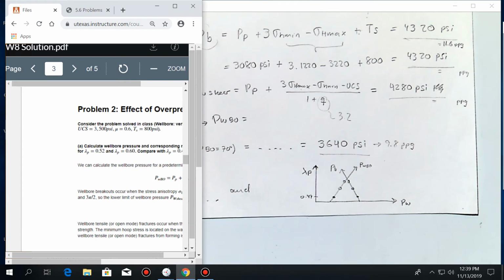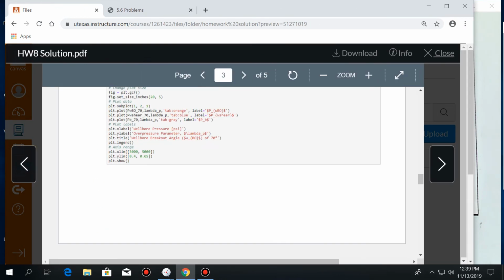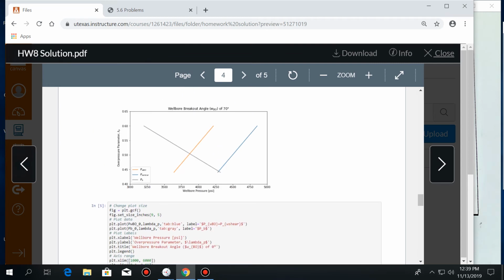And let's see, this is the solution over here. This is what you see, PWBO and PV. There is a point at which, if the pressure is too high, the wellbore may not be stable, because if you go below PWBO, then you already have an open mouth fracture.